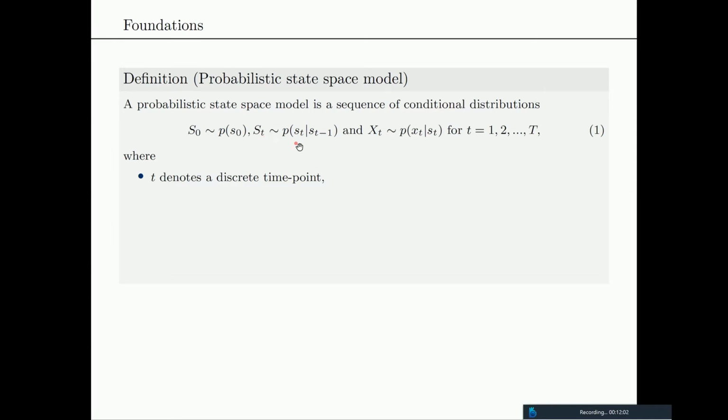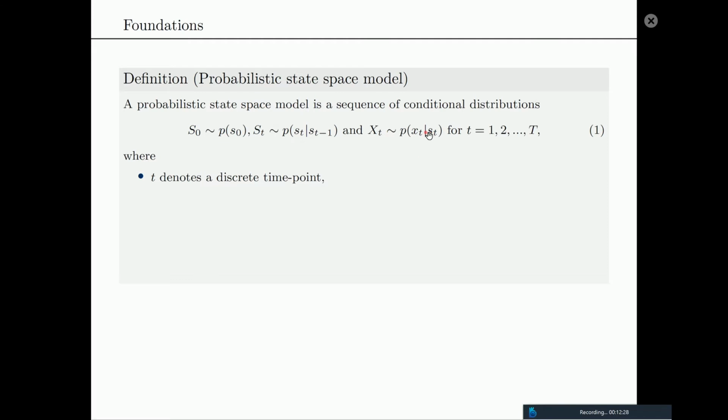That is, S_t being distributed according to a conditional probability distribution of S_t given S_{t-1}. So there's kind of a recursive definition of these distributions, and something that we observe, for which I chose X, because our observations so far in statistics have always been X, that are distributed conditionally on the states.